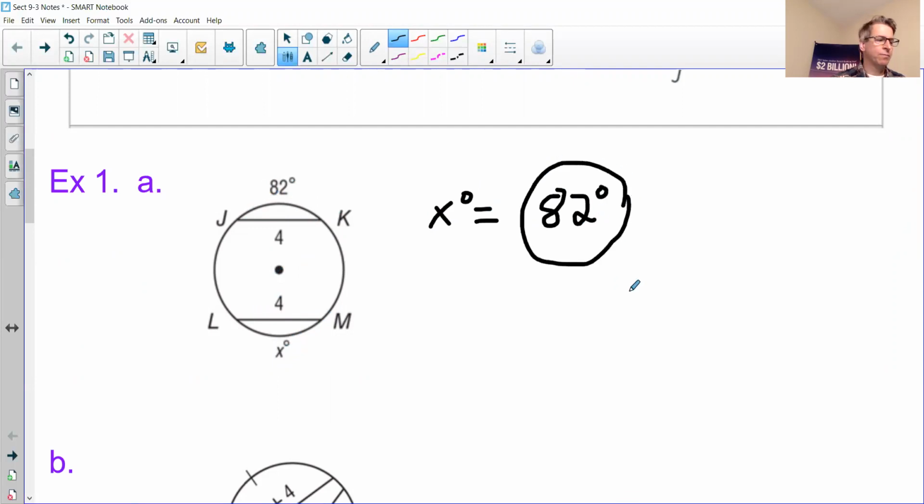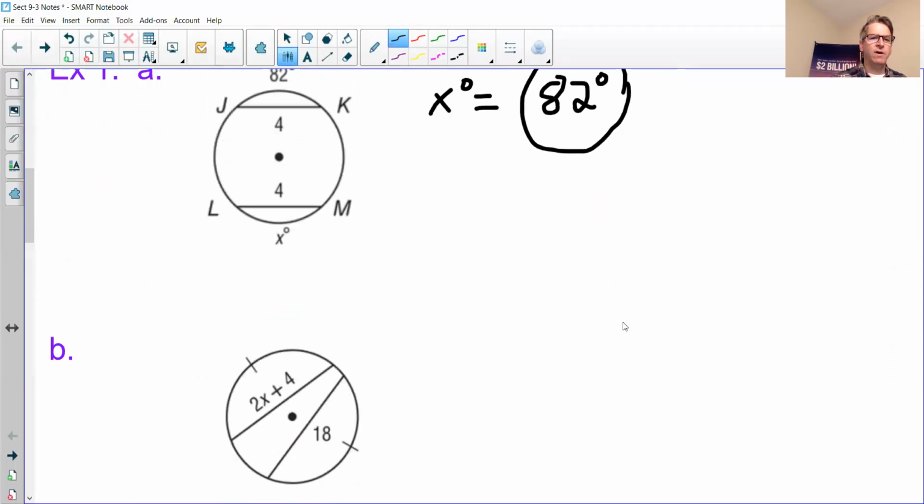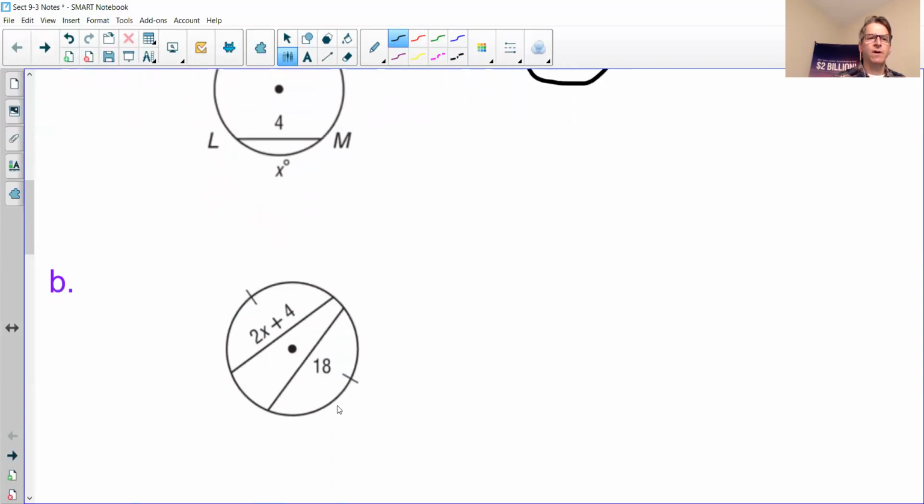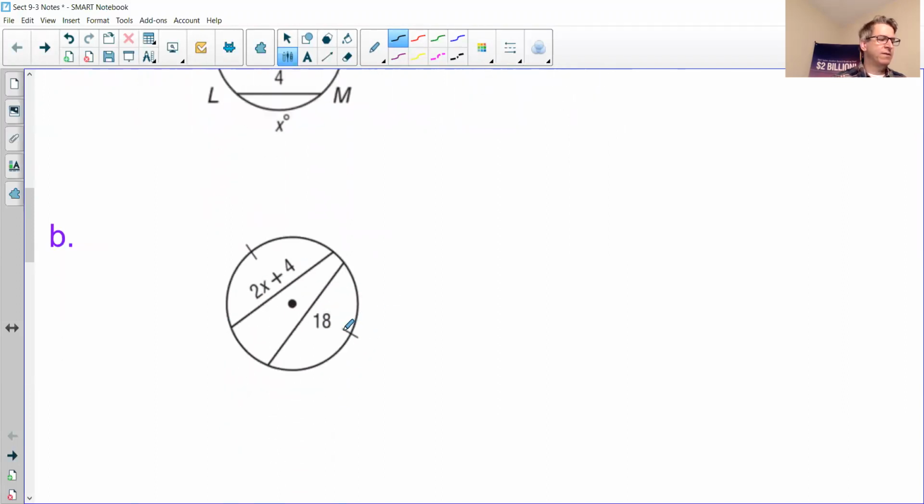Letter B. This arc here is congruent to this arc here, and we're going to find this x. So what that basically tells us is that 2x plus 4 has got to equal 18, because this arc is equal to this arc. So this chord has got to equal this chord.